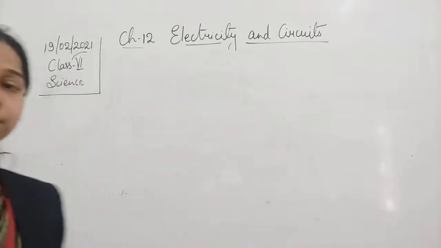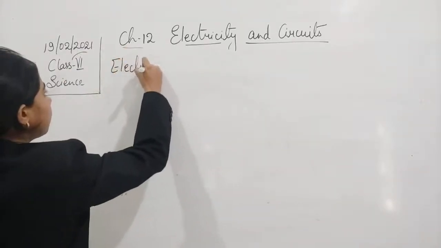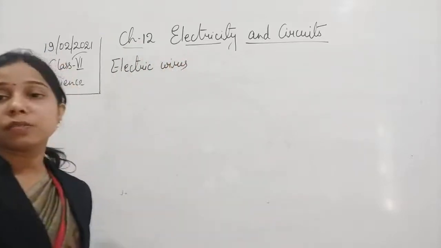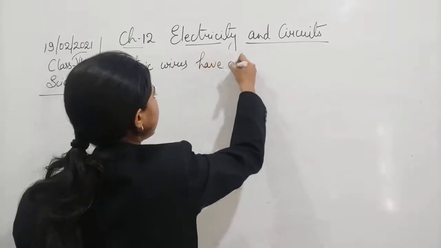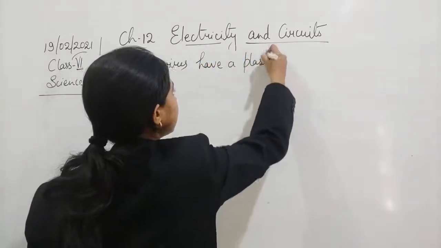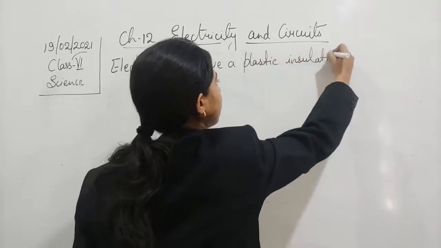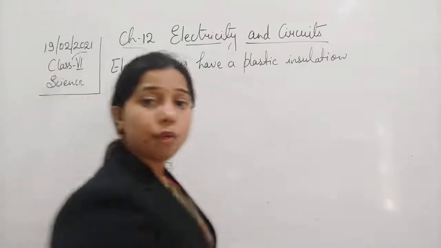Okay, so the next topic is electric wires. Electric wires have a plastic insulation over them.